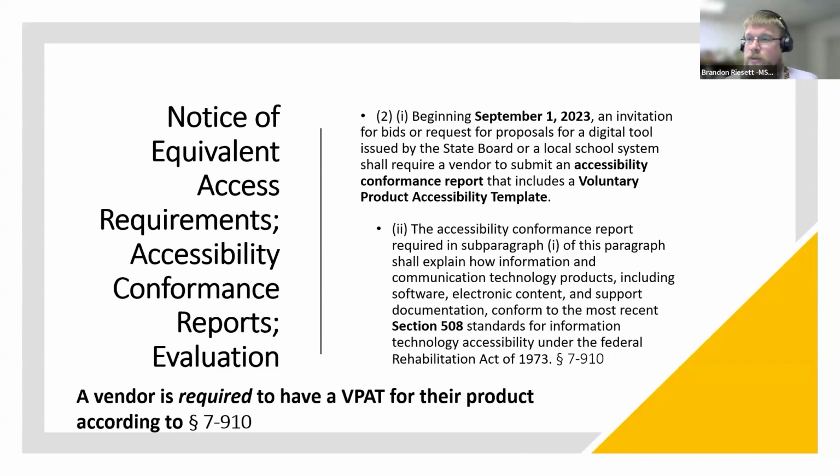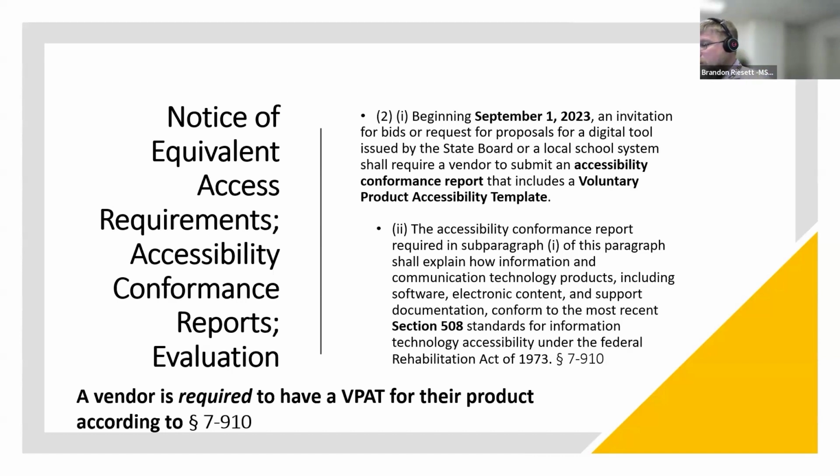One of the aspects within that law was Section 2I, which required, starting last September, all invitations for bids, requests for proposals for digital tools issued by the state board or local school systems, to require a vendor to submit an accessibility conformance report, an ACR, that includes a voluntary product accessibility template, or VPAT.